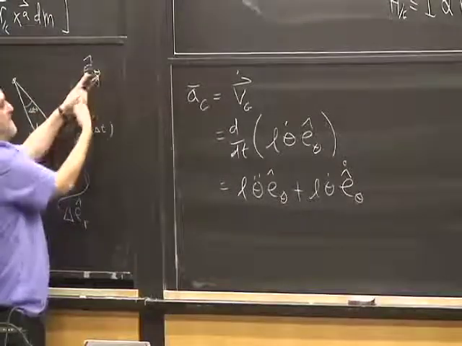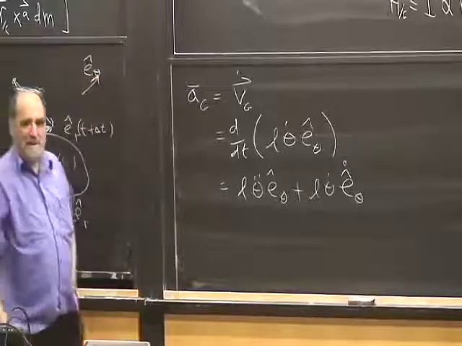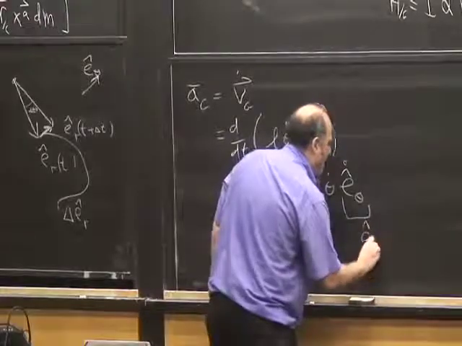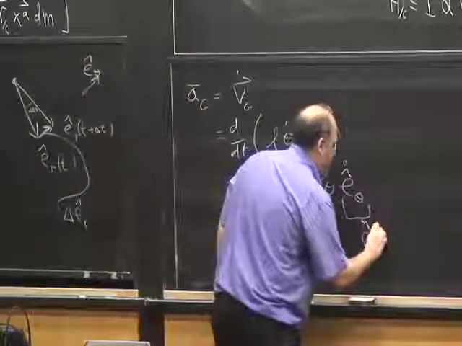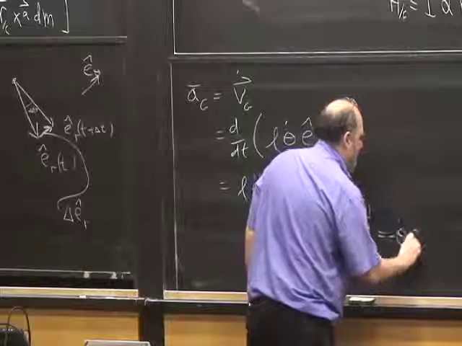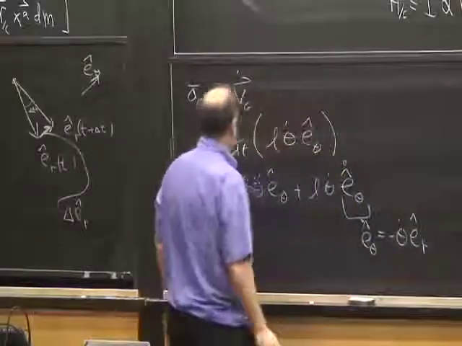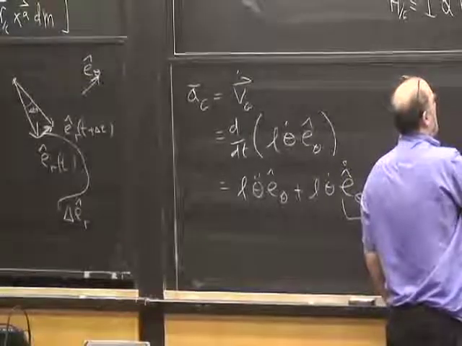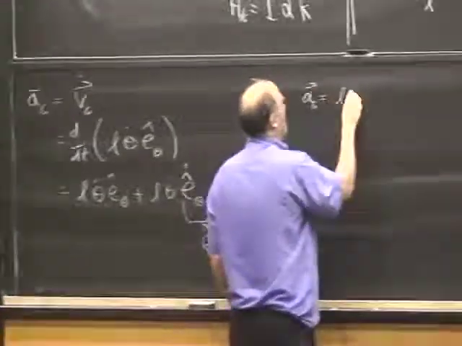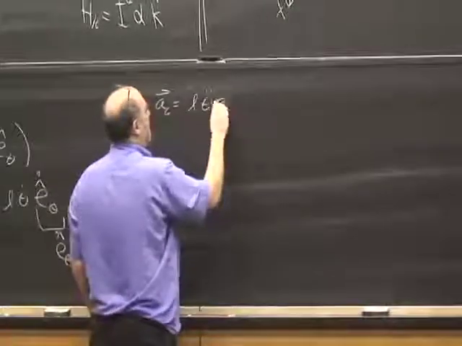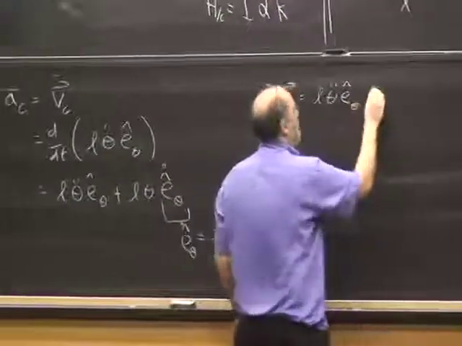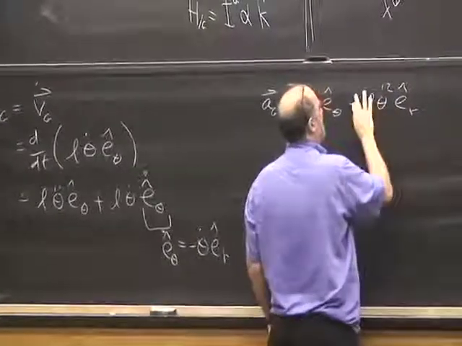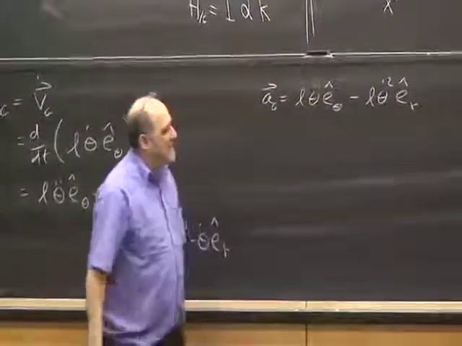The direction of the change of E sub theta is the minus E sub R direction, and its rate of change is proportional to theta dot. So we have E sub theta dot is equal to minus theta dot E sub R. And then that tells us that the acceleration of this quantity g is equal to L theta double dot E sub theta minus L theta dot squared E sub R. So this is what they call the centripetal acceleration, something like that.